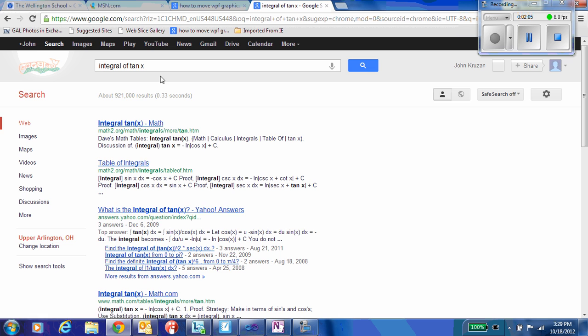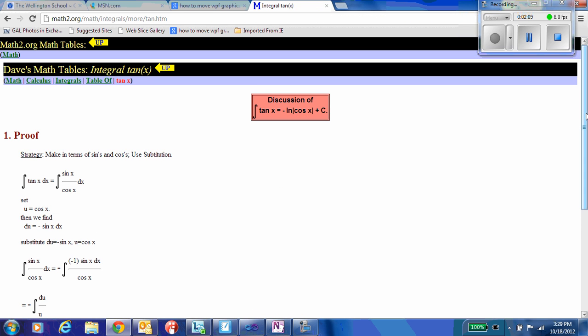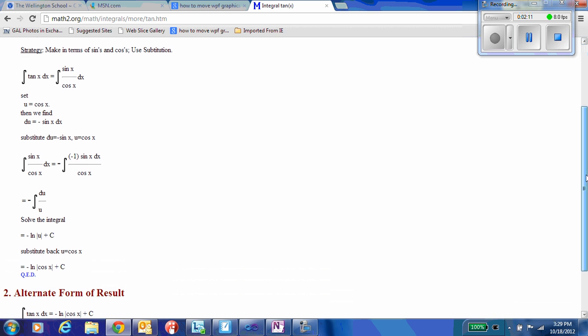See if it's out here somewhere. Integral tangent of x. And you'll see that there are references here. They actually show you the technique by which you get the integral using a u substitution. But you'll notice that the integral of tangent of x is equal to the natural logarithm of cosine of x.